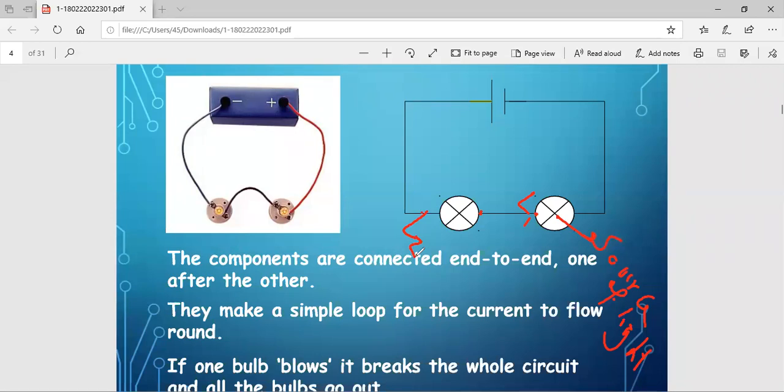When you allow electric current to move through this wire, the current will be constant along the circuit. The electric current is not going to change, and it will be fixed along the circuit itself.